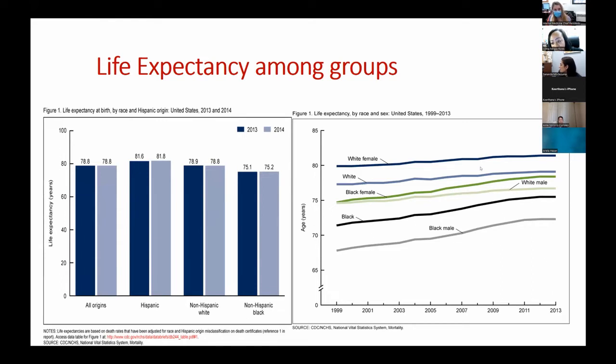And if you look at the figure on the right, you'll see that among everyone, the Black male has the lowest life expectancy compared with everyone else. But this better life expectancy for Hispanics, that's called the Hispanic paradox.